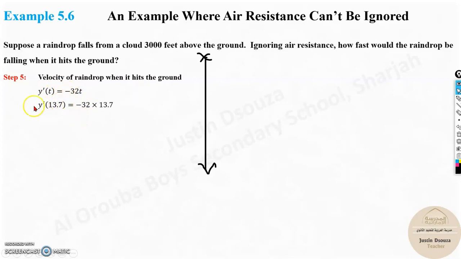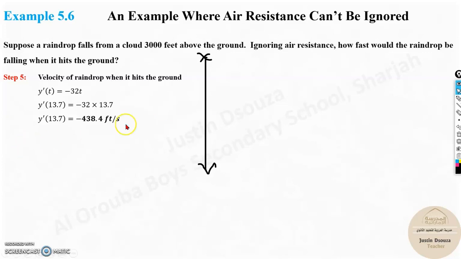So all you need to do is substitute 13.7, because that is the time it takes for the raindrop from the cloud 3000 feet above to hit the ground at 0 feet. So when you multiply, you will get this answer. It is minus 438.4 feet per second. Negative sign because it's going downwards.